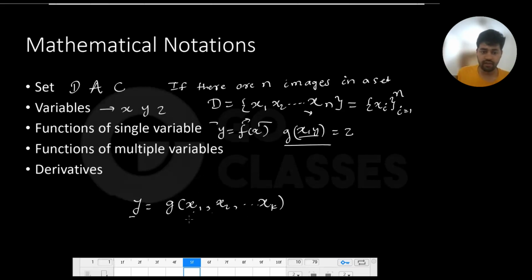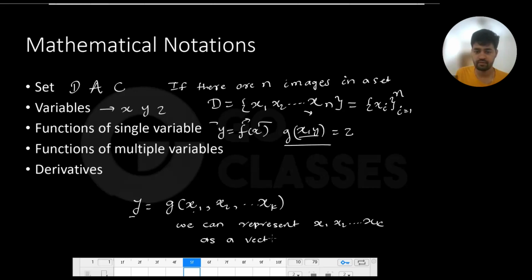So we can represent x1, x2, and so on up to xk as a vector. So a vector is basically, we say there is something called capital X, or it can be an X which is bolded.